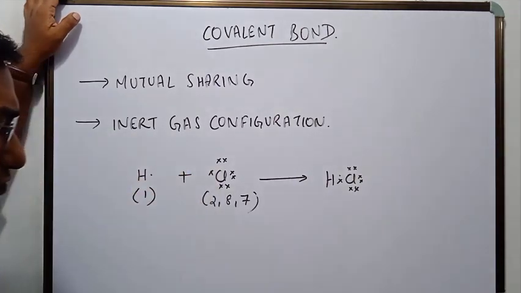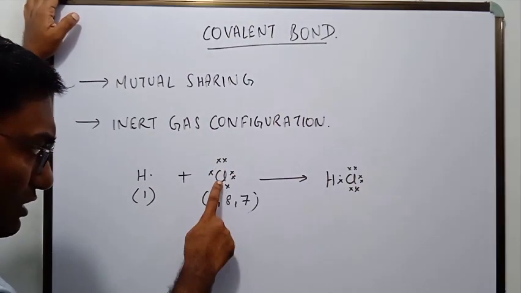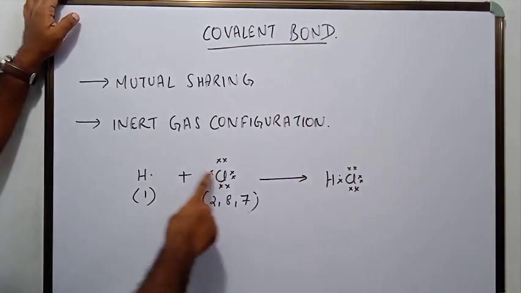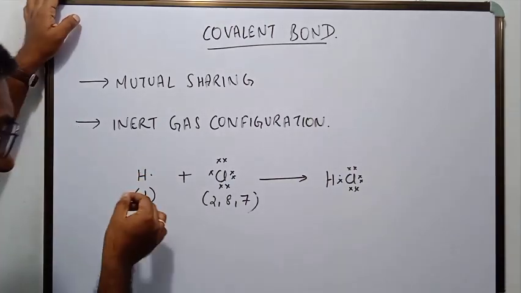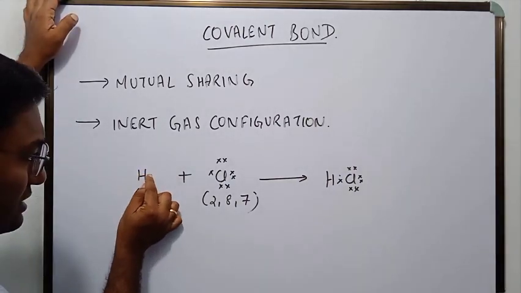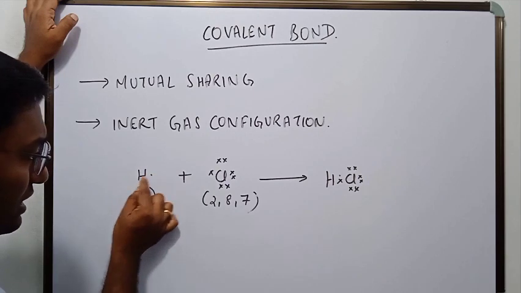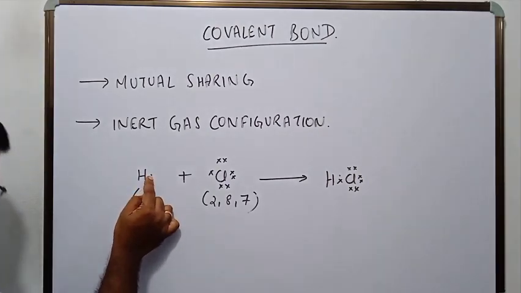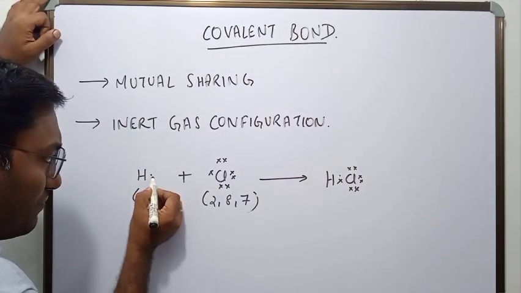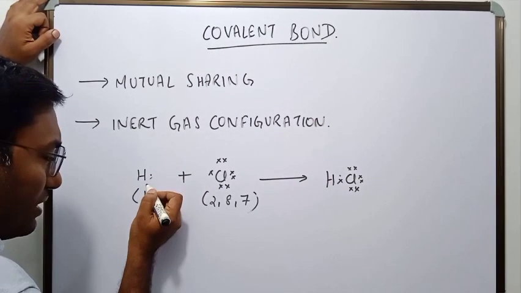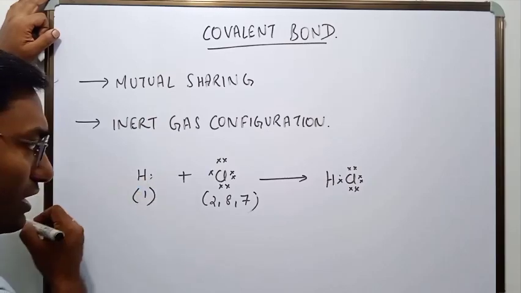Now what happens is that the nucleus of this atom attracts the electrons of the other atom, and the nucleus of this atom attracts the electrons of the hydrogen atom. Why is it so? Because the nucleus of hydrogen has influence on the first shell, but the first shell has only 1 electron, so it can very well accommodate 1 more electron.